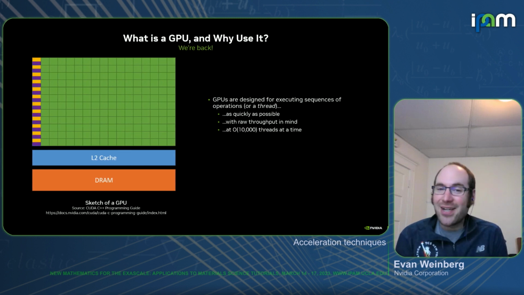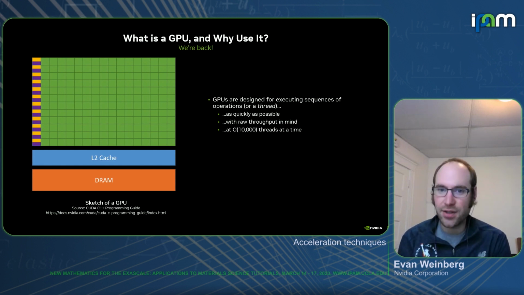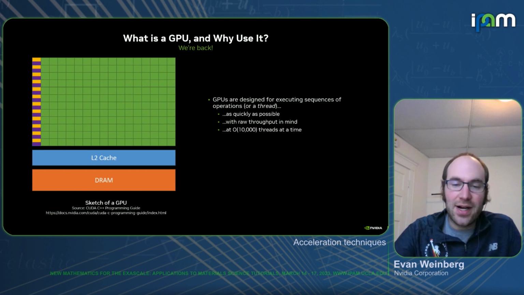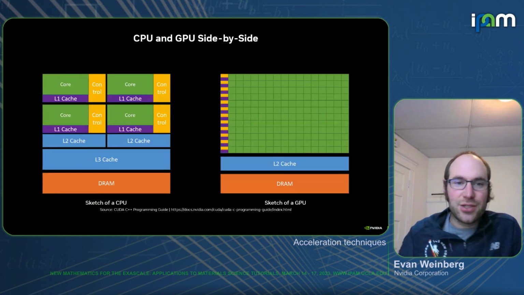Okay, now let's talk about actual GPUs. So GPUs are also designed for executing sequences of operations, again called threads, but with raw throughput in mind as quickly as possible, and there's tens of thousands of threads going on. So again, on the left here, we have a sketch, a schematic, and I'll hop to the next slide to show that.